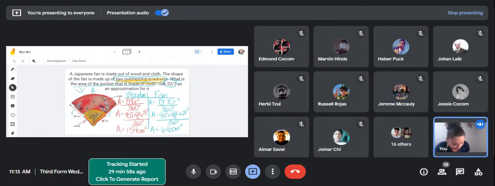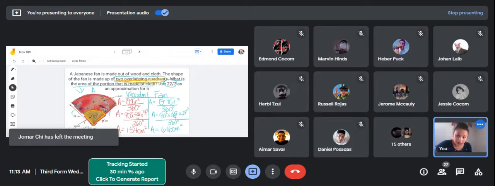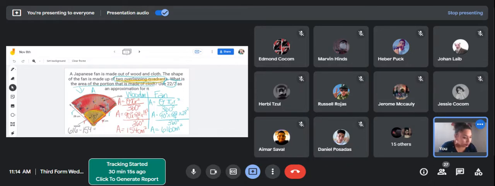So I'm going to take my 616, subtract 154, and what does that give you? 462 centimeters squared, and this is going to be your answer for this question.